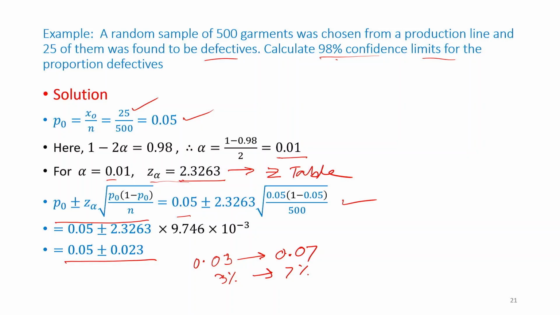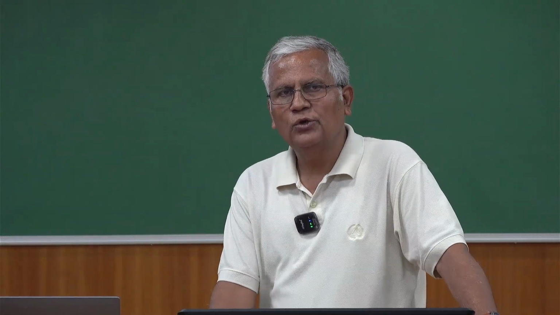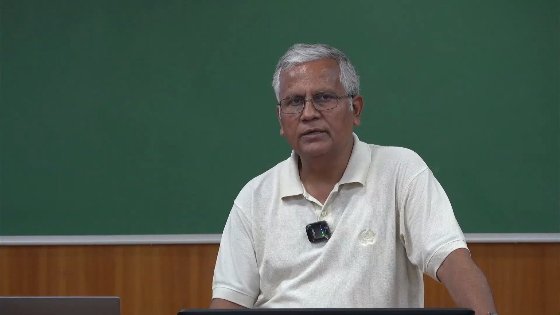Though the sample gives us 0.05, meaning 5%, if we go for a point estimate we should say 5%. But a point estimate may not be correct, and that's why we go for the interval estimate.